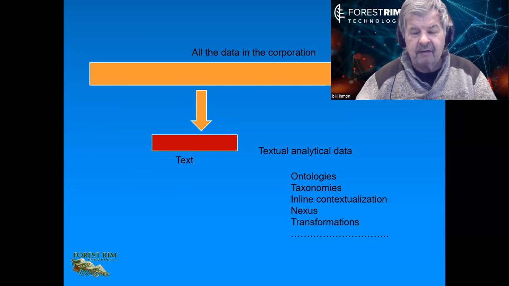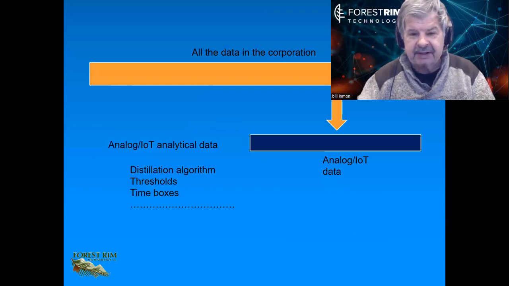These are all of the kinds of things that we need to use to look at and make sense of text. Now let's take a look at the analog IoT analytical environment. In the analog IoT environment, we need to look at such things as the distillation algorithm, thresholds, and time boxes.